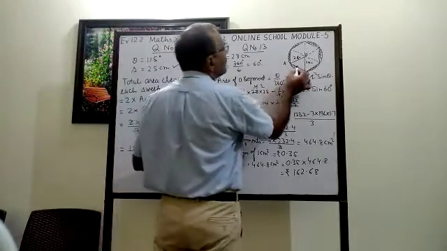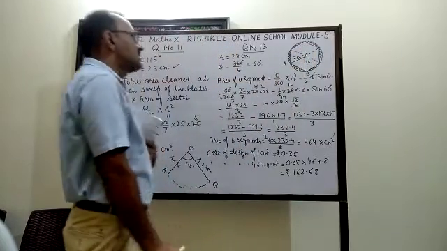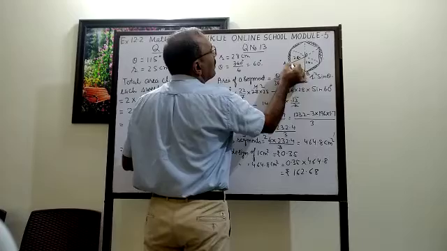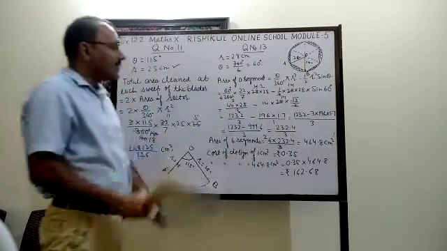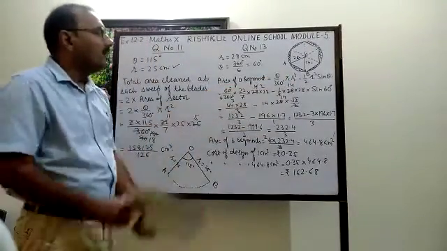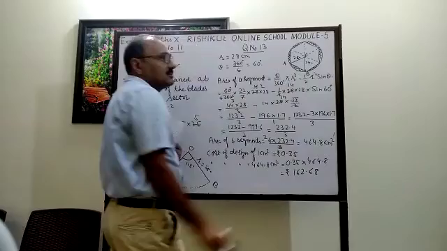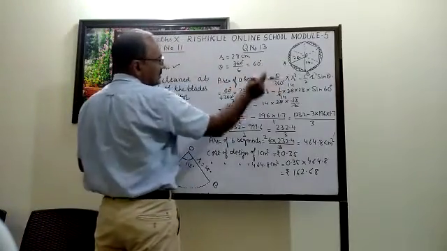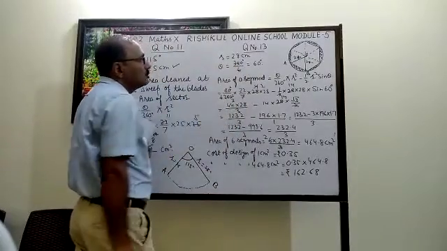These are the designs, 6 equal designs, and in this design, you see this sector OAB, and this design is in the form of a segment. How many segments are there? 1, 2, 3, 4, 5, 6. They are equal. So here the radius of this sector, r, is equal to 28.